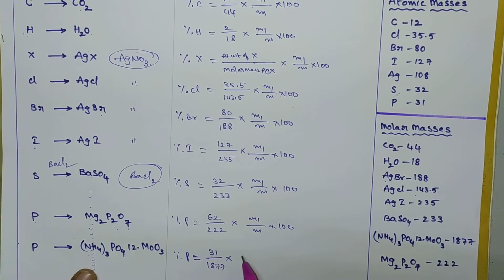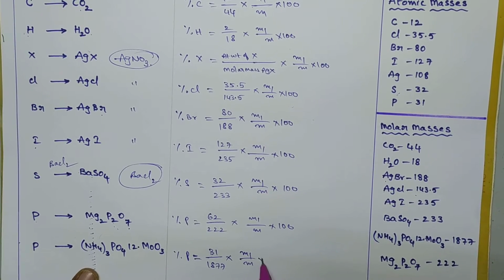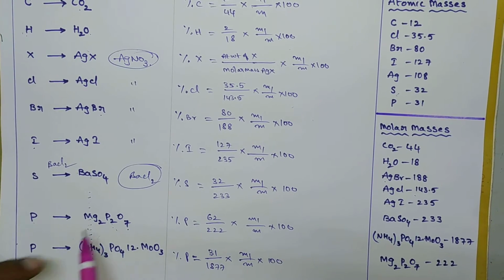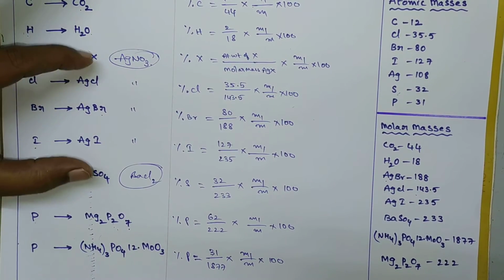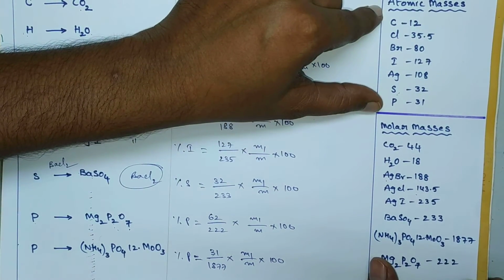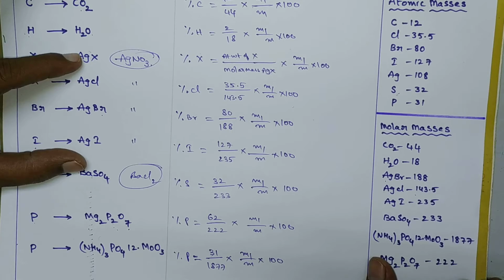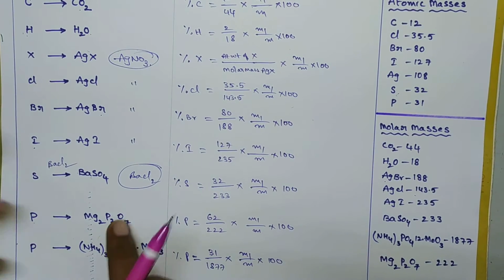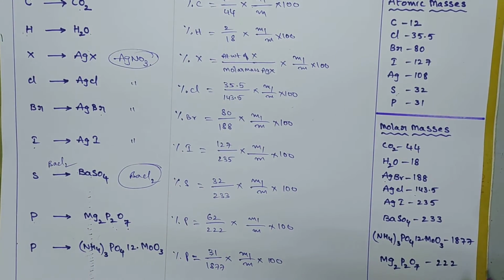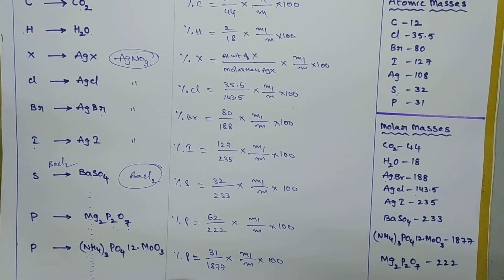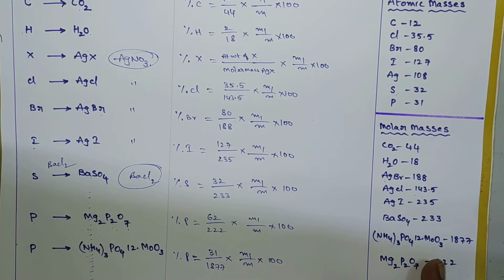You have to remember this one. Mostly you have to remember these two only. You can simply calculate the others by knowing the atomic masses, since the molar masses can be calculated easily. But these are large compounds, so you should not calculate them, the time will be wasted. That's why you have to remember these two.